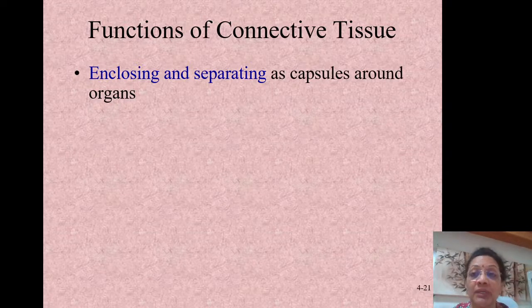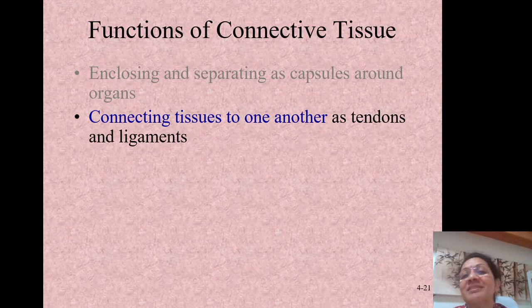So connective tissue in that sense is a separating barrier, but also defining a domain which separates other things which are doing different functions. The enclosing and separating is done in the form of sheets which are called capsules. These are not epithelial cellular sheets, these are connective tissue non-cellular capsules, which we will see. Mostly they are fibrous in nature.